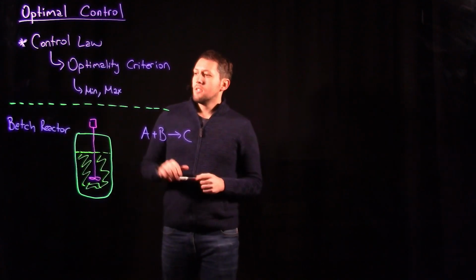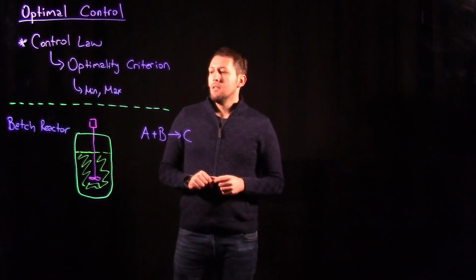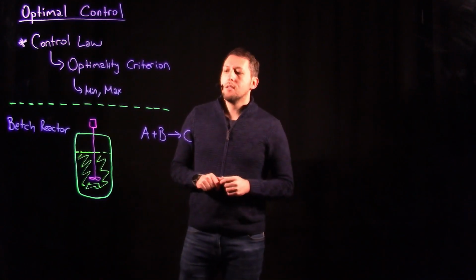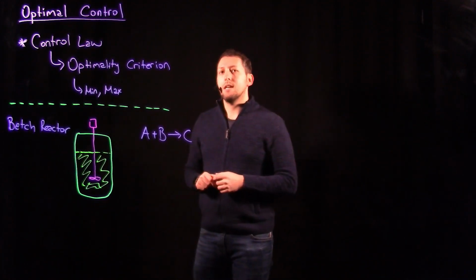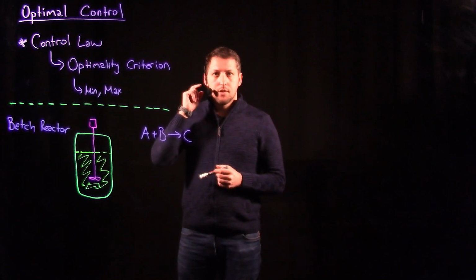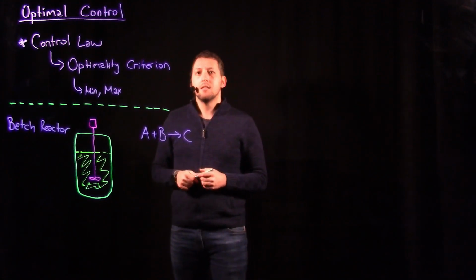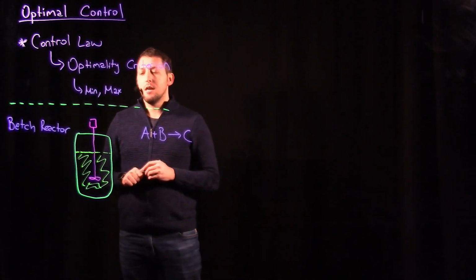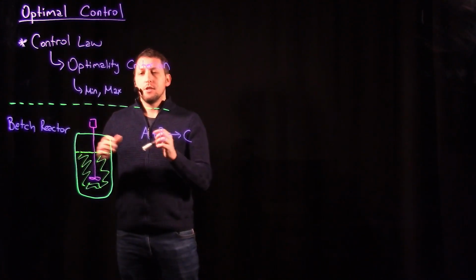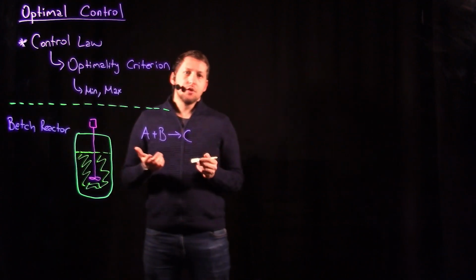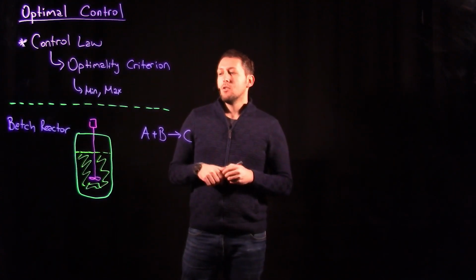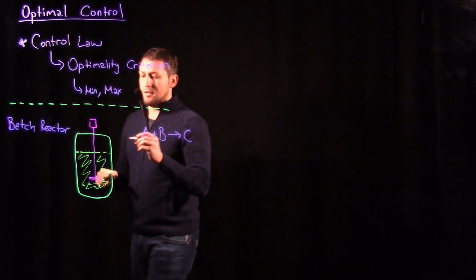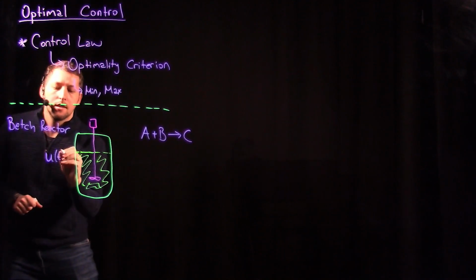Let's consider a batch reactor, sketched here, where compounds A and B result in the final product C. There are several environmental conditions that affect the efficiency of this reaction, for example the temperature of the reactor, which can be accepted as a control input. Because we can manipulate the temperature, let's indicate this with u(t).